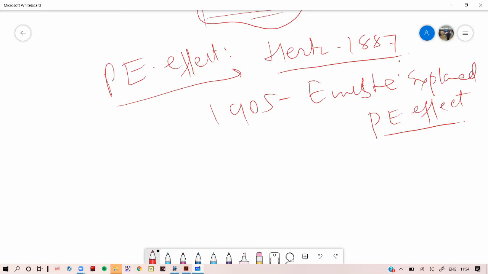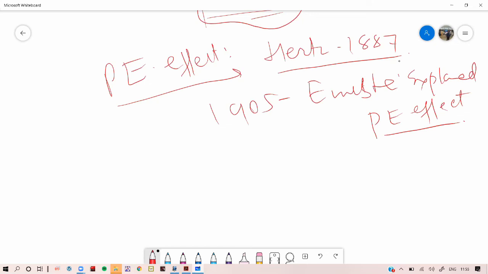In his explanation, Einstein proposed that the electromagnetic field, meaning the field associated with the photons or any electromagnetic energy source, is itself quantized.